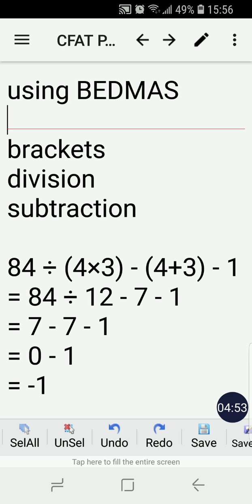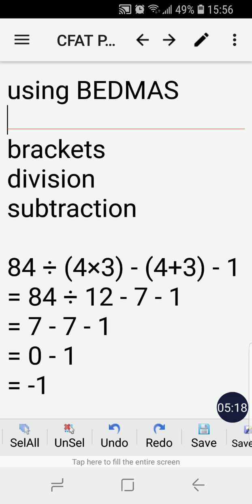That's why we got 84 divided by 12 minus 7 minus 1. Notice that I copied 84 at the start and 1 at the end. The only thing I did on the first step was to multiply 4 times 3 and add 4 plus 3.